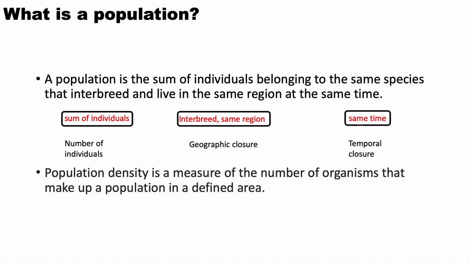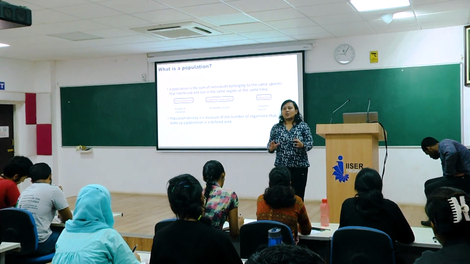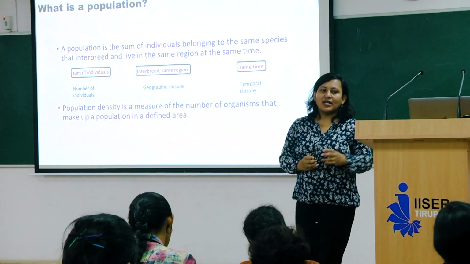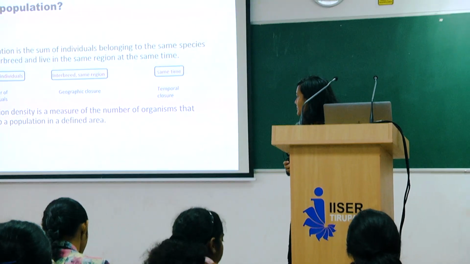What it refers to is basically the number of individuals belonging to a species, that is the population number, divided by a certain area. So when you talk about density, you are referring to population in terms of a certain area, so you divide it by the area.